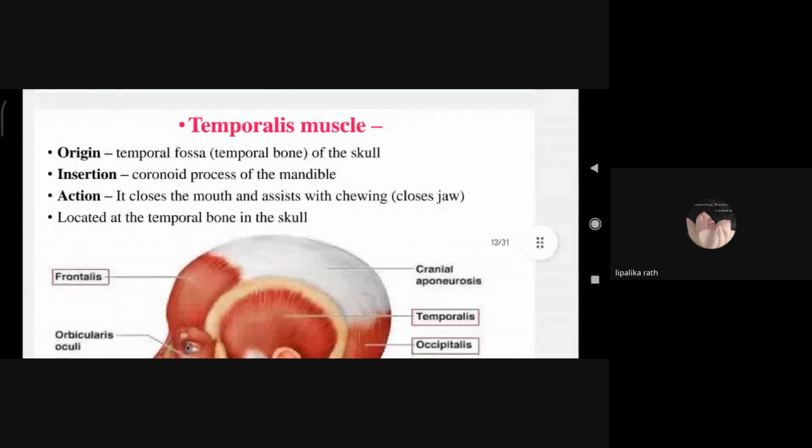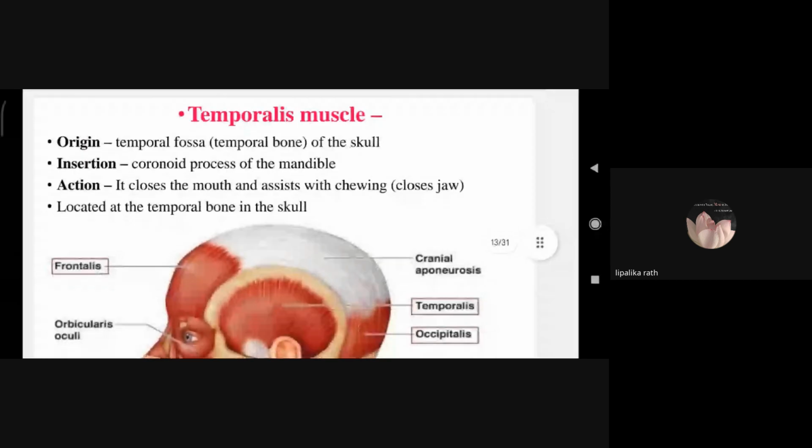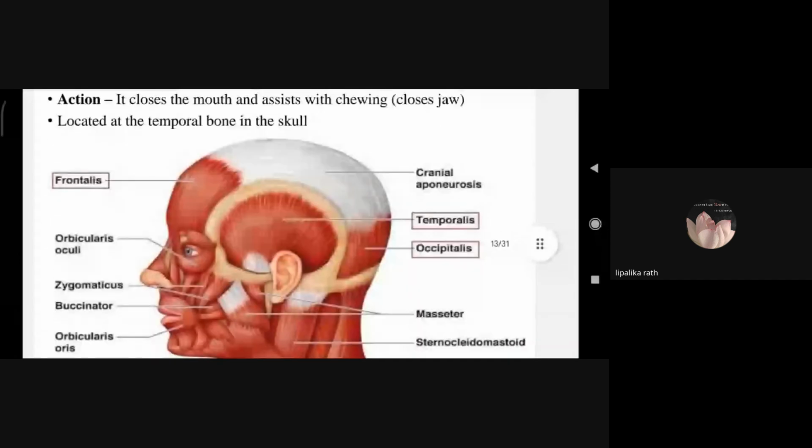Here is a clear structure of face muscles. Here you can see frontalis muscle, that it originates from epicranial aponeurosis. This white part you can see here is known as epicranial aponeurosis, and from this the frontalis muscle is originating and inserting into the eyebrow center, or skin of eyebrow.